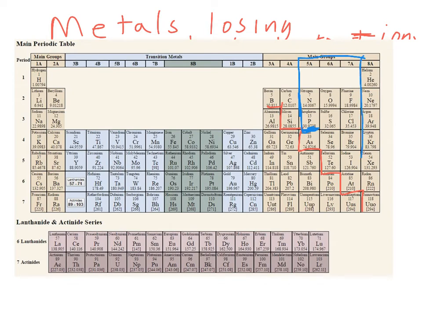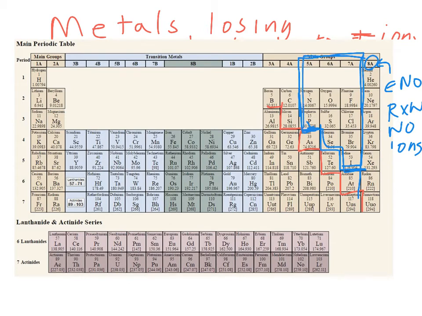Group 8A elements, those noble gases, are unreactive, so they're not going to form anions. So we're really only talking about this limited grouping that I've circled in blue.